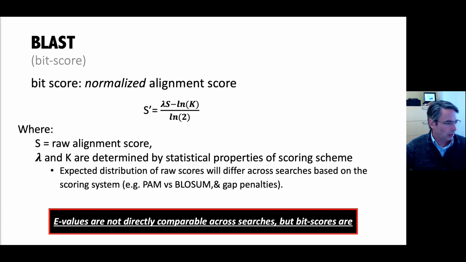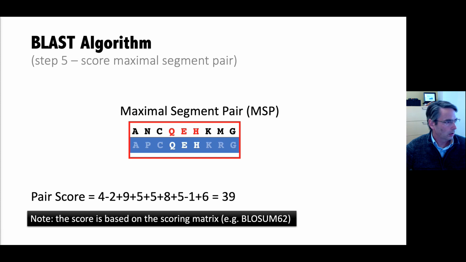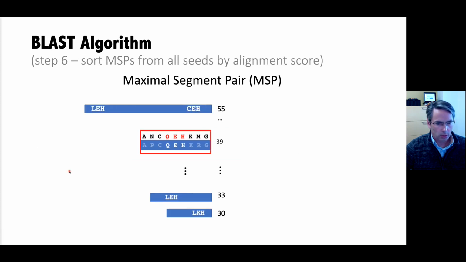Then once you've got, why is it jumping around? Okay. You've got your raw score, and you've done that across all of those exact matches. And so then you look at, in rank order, what are your maximal segment pairs? So that sequence that had 2 seeds on it might give us a much higher score.